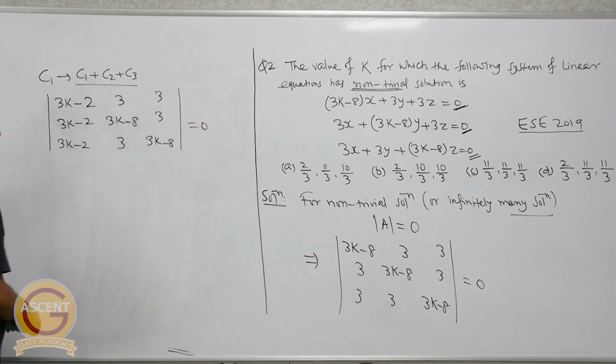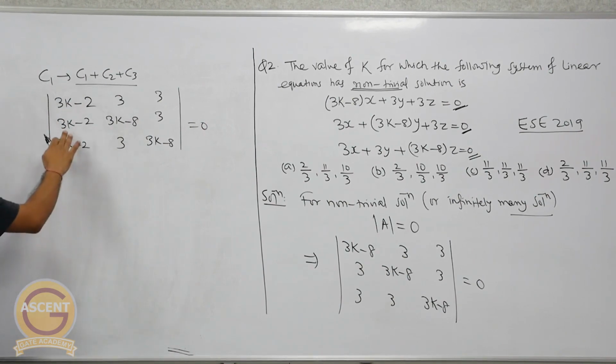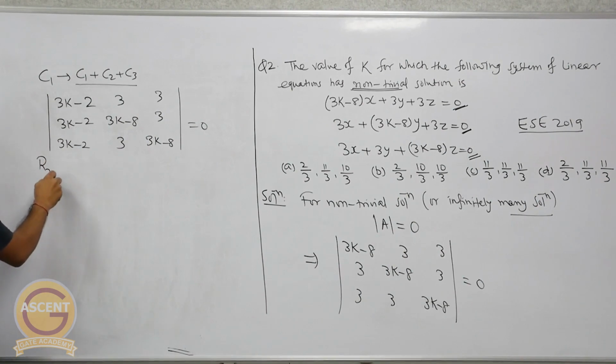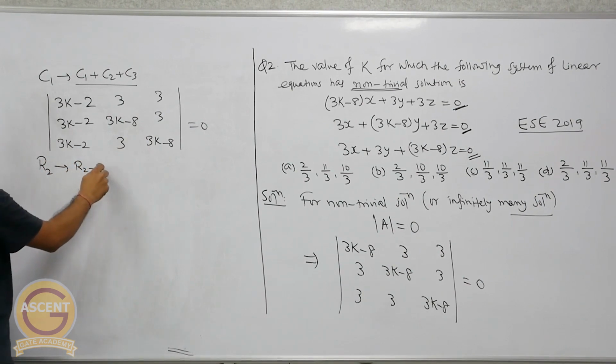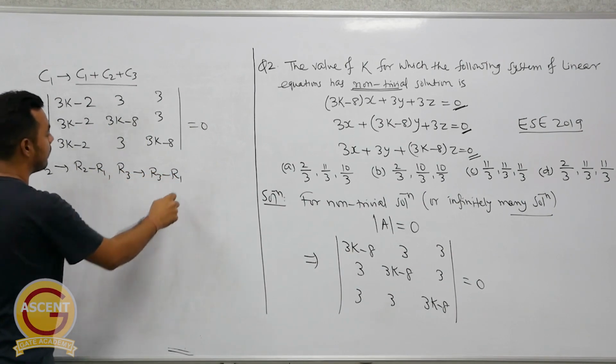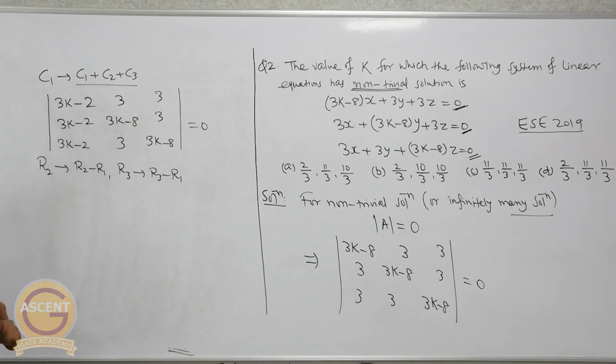Now you can see that in the first column all three elements are the same. So now we have to create two zeros in order to expand this determinant. I can perform this operation: R2 goes to R2 minus R1 and R3 goes to R3 minus R1. If I have two zeros, then it is very easy to expand the determinant.